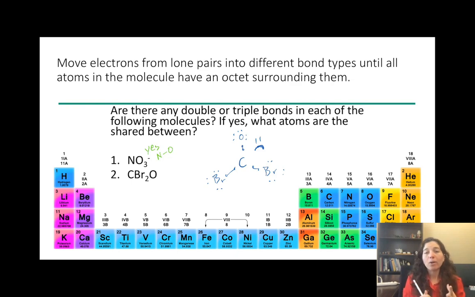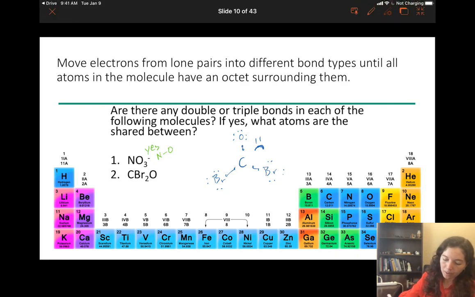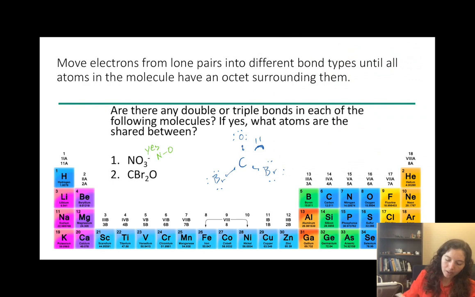Now, as far as you all know right now, you can pull electrons from any of these atoms. And you'll learn in the next video why one type of atom is better than the other. But for now, it's okay to pull from anywhere. So you can pull from the oxygen and move it down into a double bond, or if you like, you can pull from here and move those into a double bond.